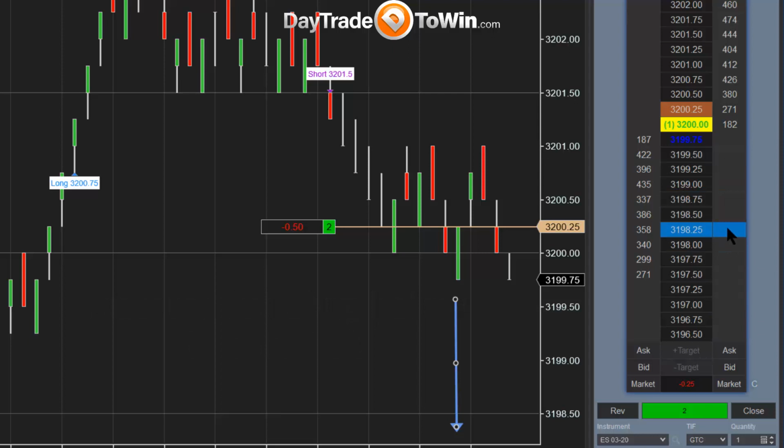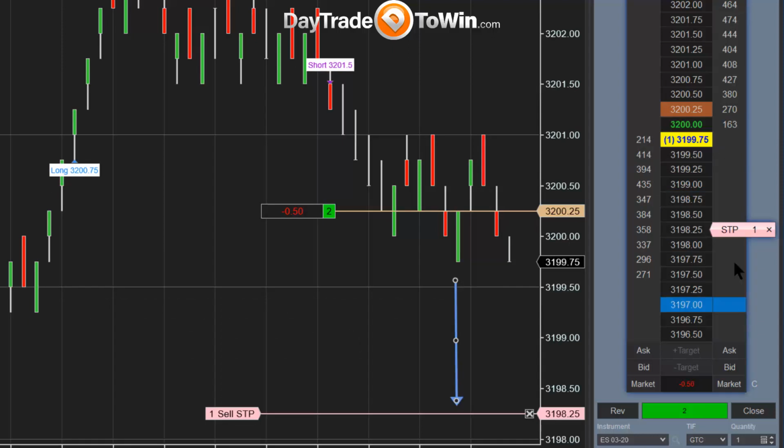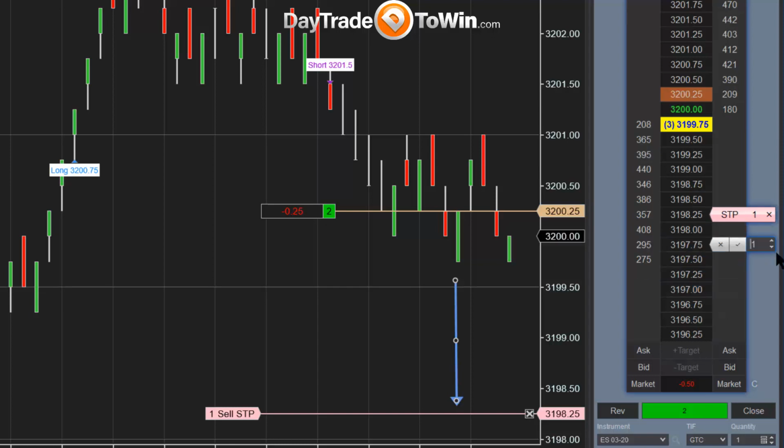So this here would be my stop loss order submitted. I purchased it at this price as it retraced down to it. If it goes against me, I'm exiting the trade on a stop. It's the same type of order, a stop order to enter, a stop order to exit, or I could use the stop with a limit. Same thing. Once it hits my stop with a limit, I want this price or nothing.